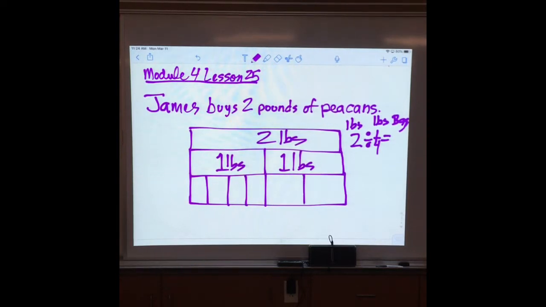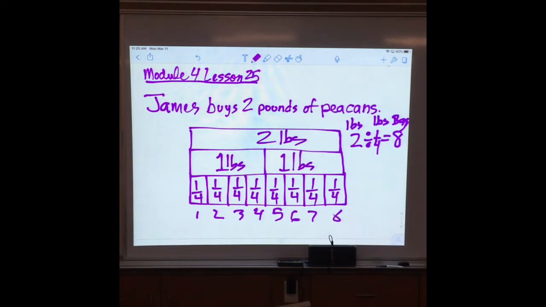I divide my pound into half, and then I divide my half into half, and it gives me fourths, right? Fourth, fourth, fourth, and a fourth. How many bags am I going to get? 8 bags. Let's see if you're right. 1, 2, 3, 4, 5, 6, 7, 8. 8 bags. Good job. Excellent work.